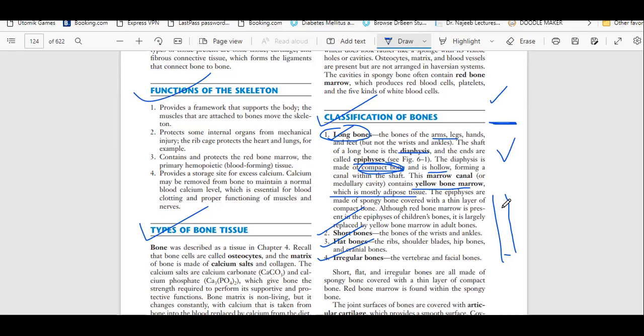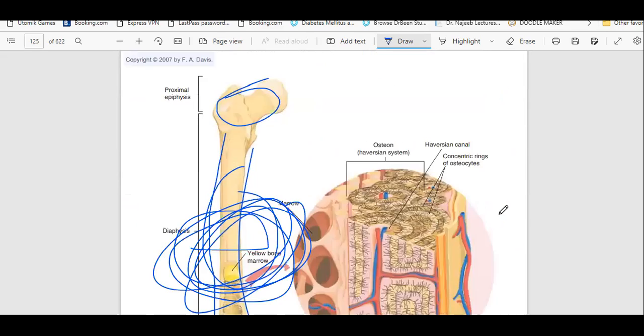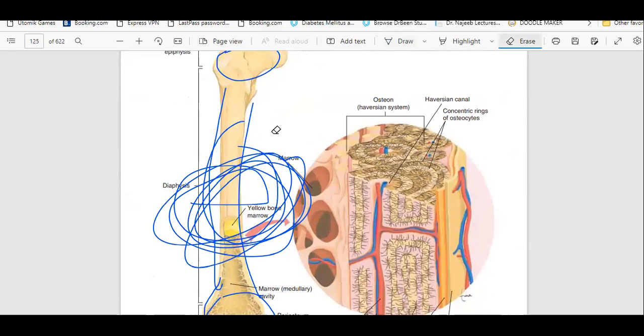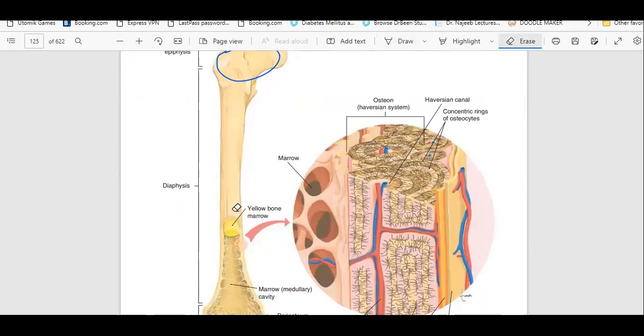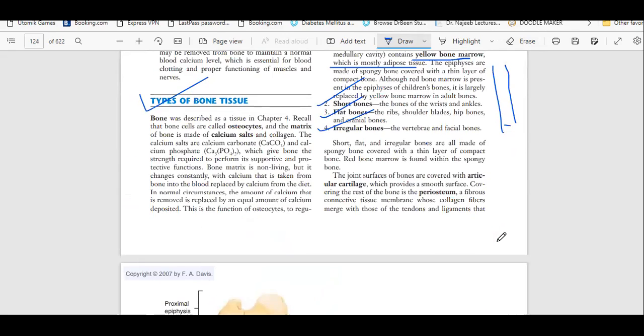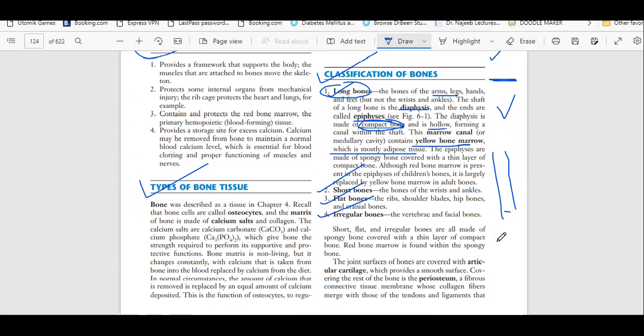So basically, in that area, we have a space. The space is called the marrow canal. In that we have yellow bone marrow. You can see in this picture, yellow bone marrow is given. This is made up of adipose tissue, meaning fat.